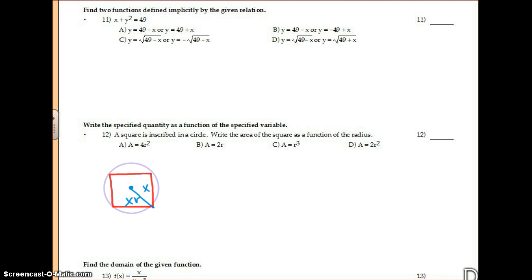I'm going to move my x's here just a minute. That's the sides of the square. There's our radius, r. And I want to show the area of that square in relationship to the radius.